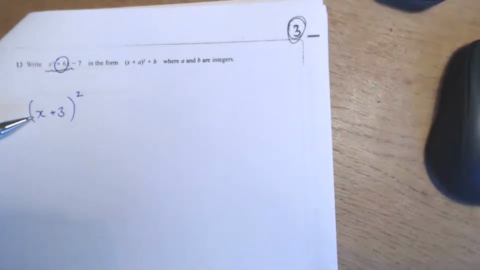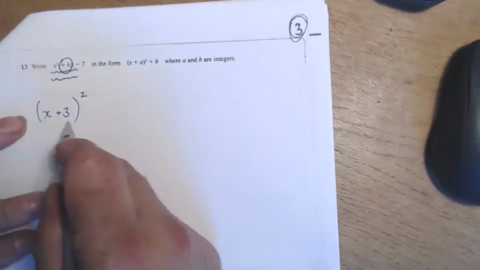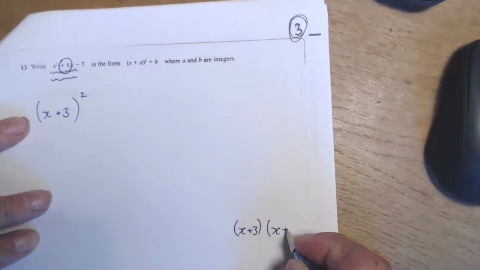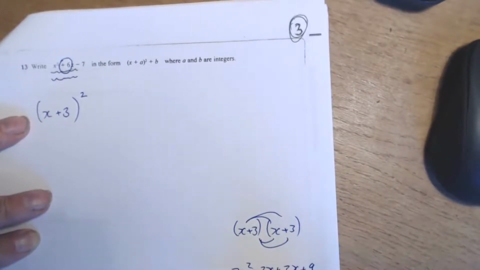So that is our starting point. Now I'm purely focusing on the x squared plus 6x. If you multiply out x plus 3 times x plus 3, I'll just do it on the side to show you, you get x squared plus 3x plus 3x plus 9. Gathering the middle terms, you get x squared plus 6x plus 9.